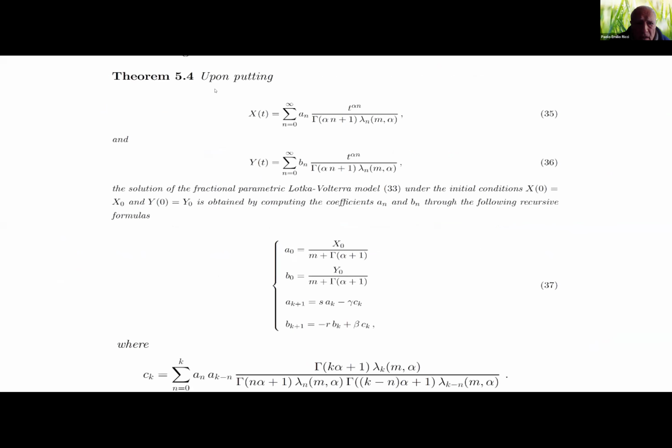The following theorem holds. Putting again in the same form the two solutions, x and y, the solution of the fractional parametric Volterra model under the initial conditions x0 and y0 is obtained by recursion for the coefficients. These are a0 and b0, and a(k+1) and b(k+1) have this form, in which c_k is given by this more complicated expression.